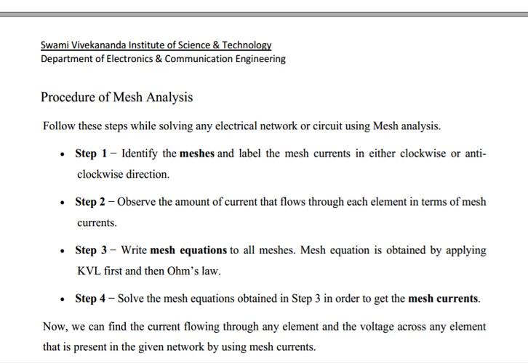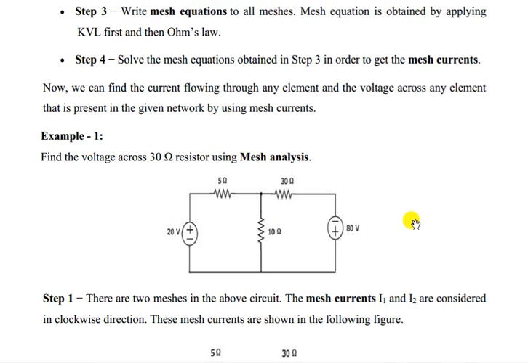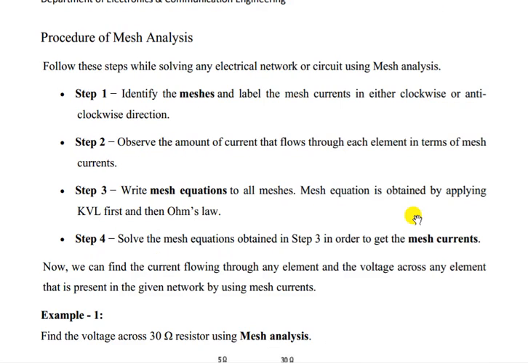After that, observe the current that flows through each element in terms of mesh currents. Then write the KVL, Kirchhoff's voltage law equations, for all the meshes. After that, solve those mesh equations to get the mesh currents. Those are the basic steps.